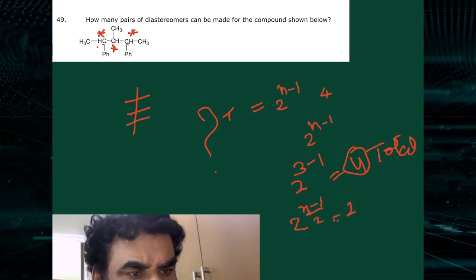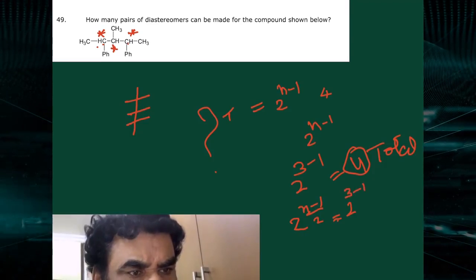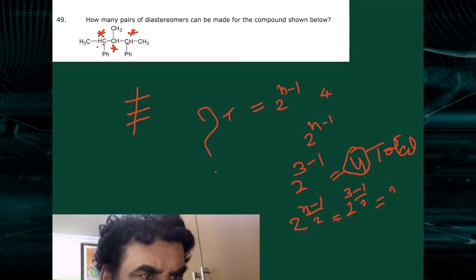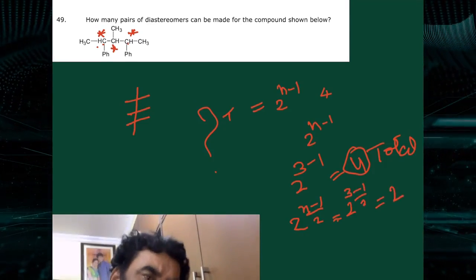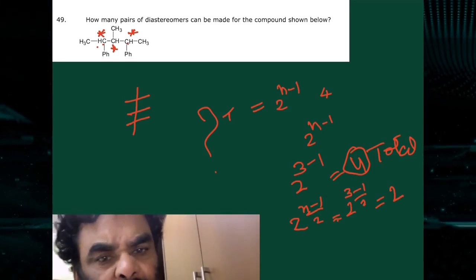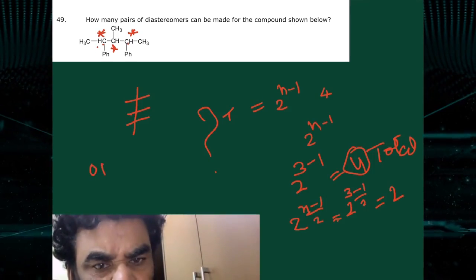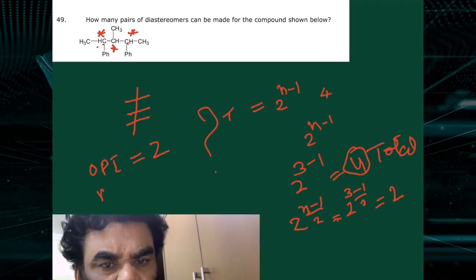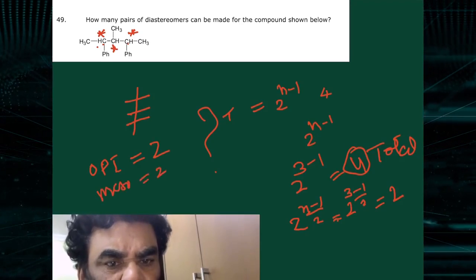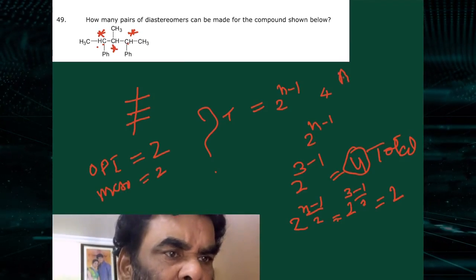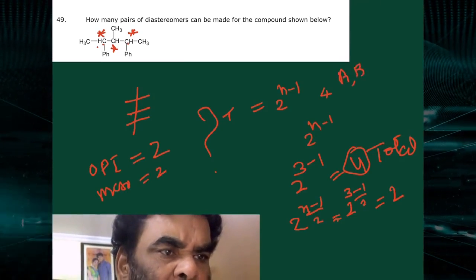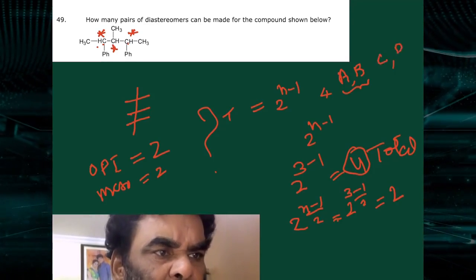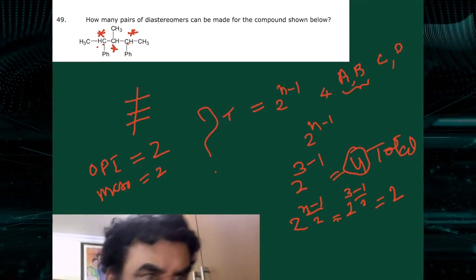This is 2 to the power of 3 minus 1 by 2, that is 2 by 2, that is 2 are possible. So optical isomers 2, an enantiomeric pair that is optical, and meso 2. I am writing A, B as the enantiomeric pair, and C, D as the meso compounds.